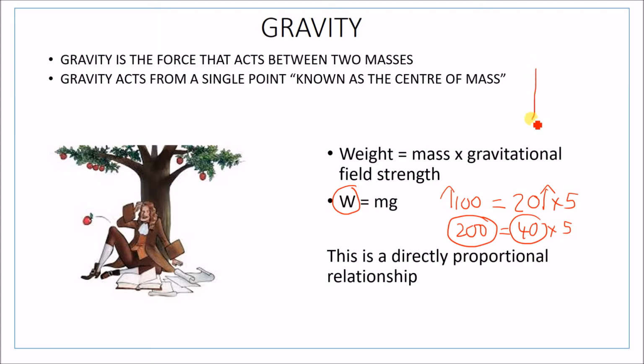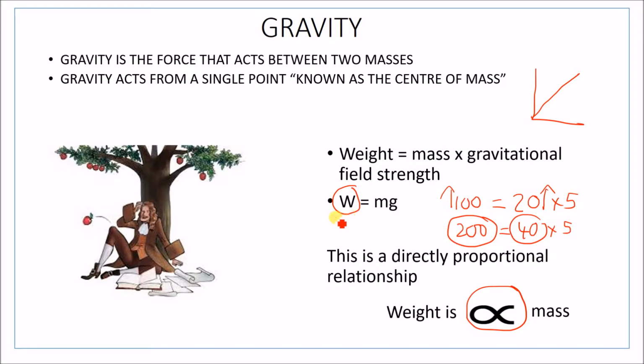And a directly proportional relationship on a graph will always look like this. The sign for a directly proportional relationship is that weight is directly proportional, this is what this sign means, to the mass. Okay?